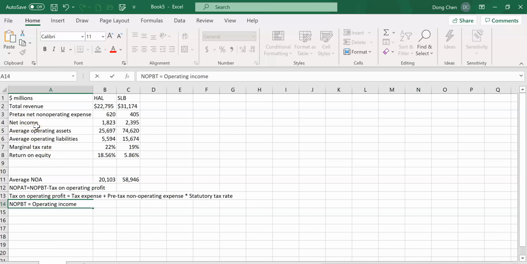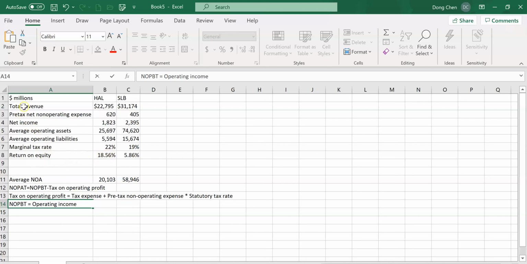So I guess the trick to work out this problem is to look at all the items which belong to the income statement. So basically, this is the revenue and pre-tax net non-operating expense. That's this part which is directly available, and also net income. And marginal tax rate, we can probably use that to figure out some numbers. And return on equity, this is directly a ratio.